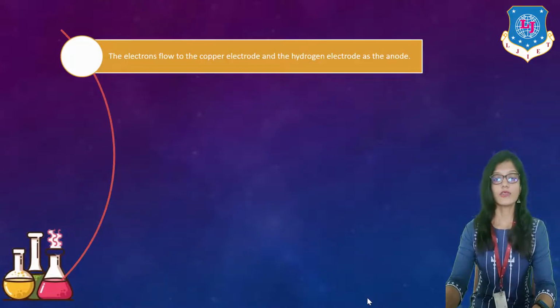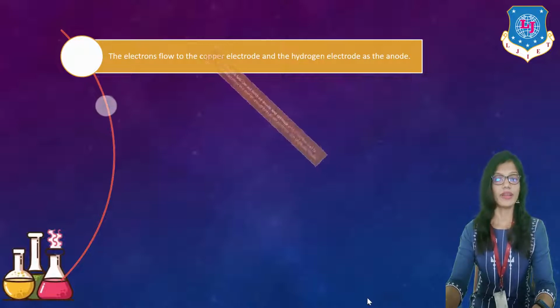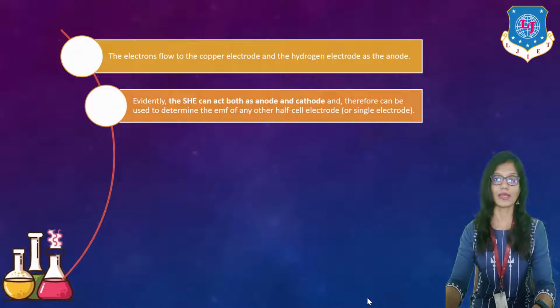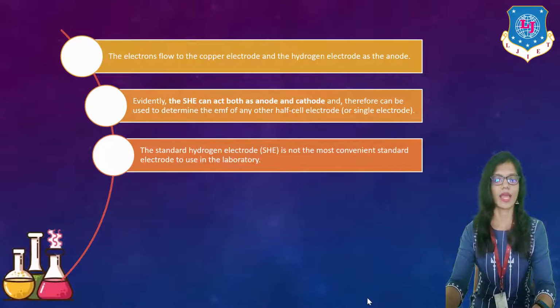Now the electrons flow to the copper electrode and the hydrogen electrode acts as the anode. So evidently the SHE can act both as anode and as cathode, and therefore can be used to determine the EMF of any other half cell electrode or single electrode.